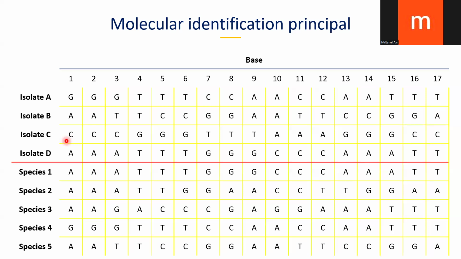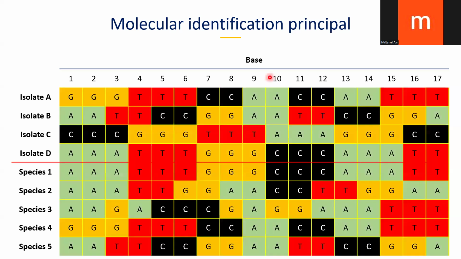Okay, I will make it colorful, so it's easy to observe these bases. The bases of isolate A are G, G, G, T, T, T, C, C, A, A, and so on. And it is similar to species 4.